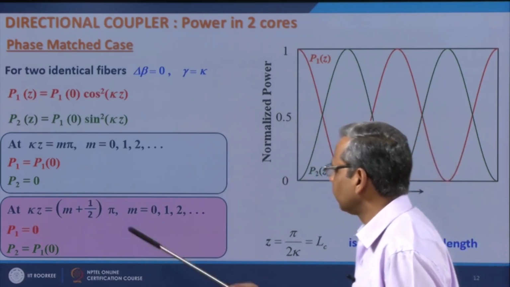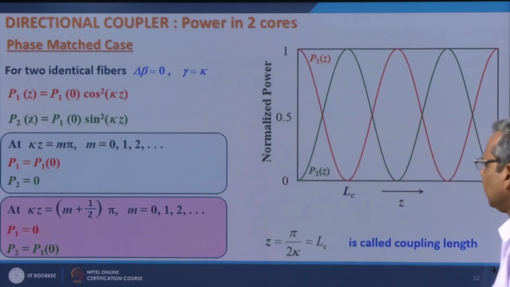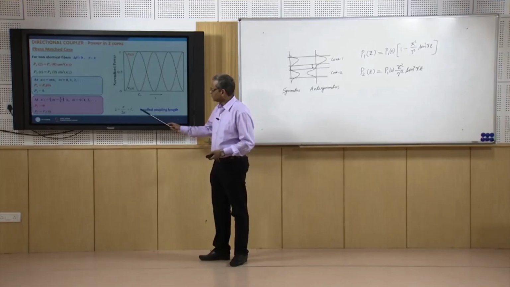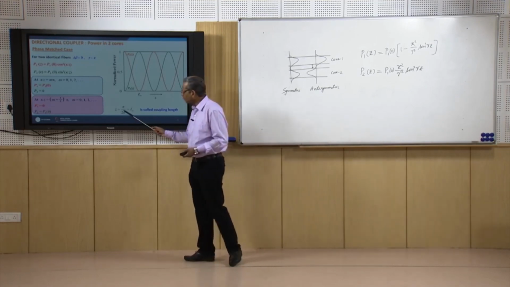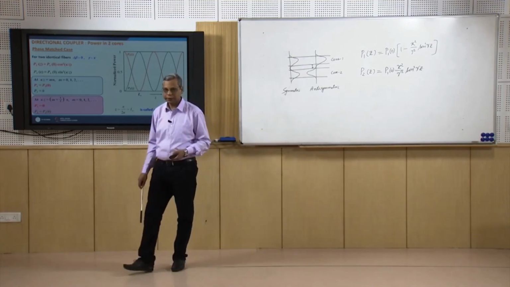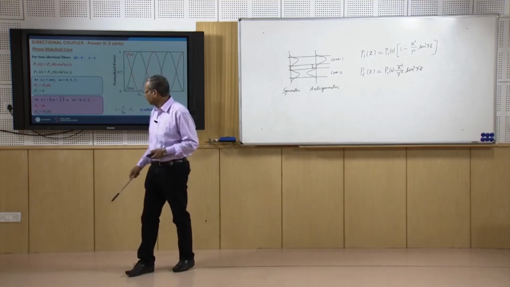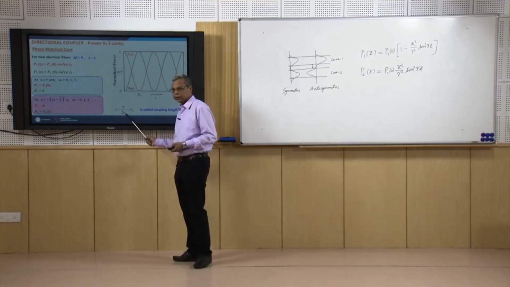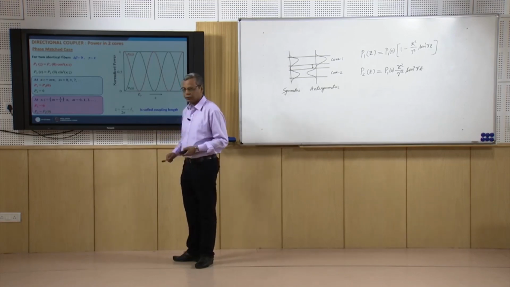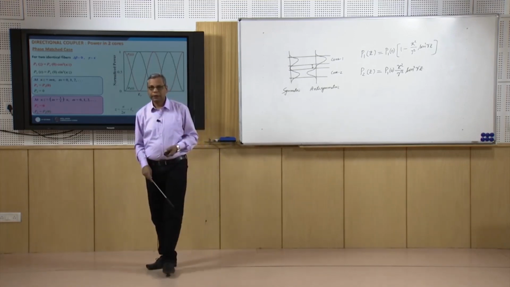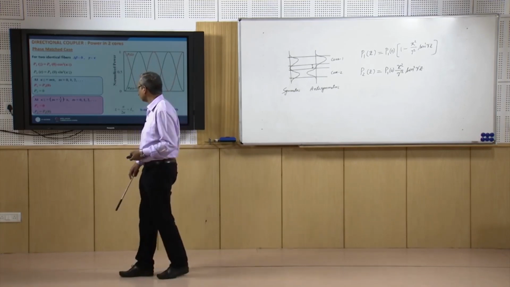So, kappa z is equal to pi by 2 and z is equal to pi over 2 kappa. So, the coupling length is pi over 2 kappa. It depends upon the coupling coefficient. If the coupling coefficient is large, then the switching of power from one core to another would happen at a very short distance.